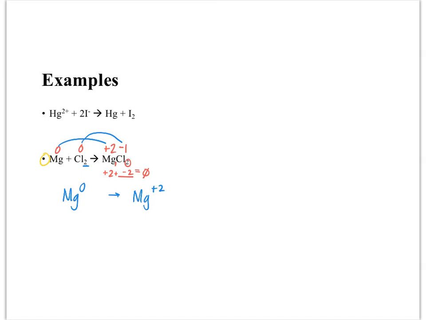Well, that would be losing electrons, and losing electrons is oxidation. Now, when I lose electrons, I want to add electrons to which side of the equation? If they're being released, I will add them to the right-hand side. And since this charge went from a 0 to a +2, that means that 2 electrons were released every time a magnesium atom was oxidized.